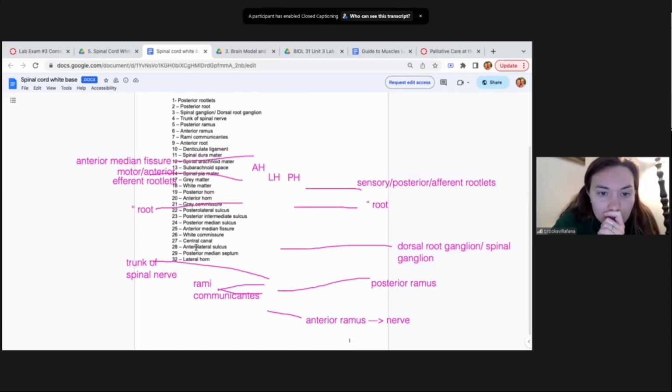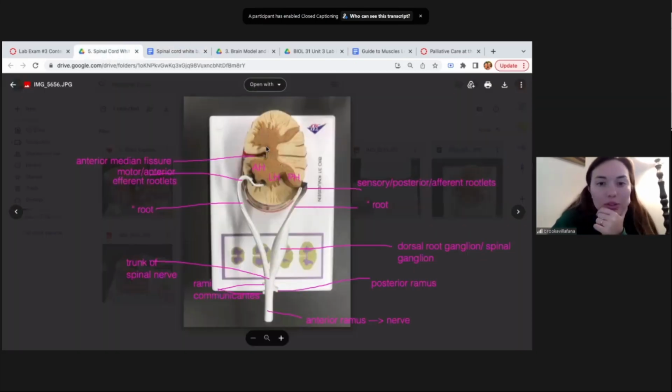Anterior median fissure, and then, okay, I thought there was an anterior median sulcus, but there's not. We'll look at the other ones though. Then we have the anterolateral sulcus again, which is the same spot as we just did on that model. So this is the anterolateral sulcus. Anterolateral is the same as anterior lateral. Those would be the same thing.